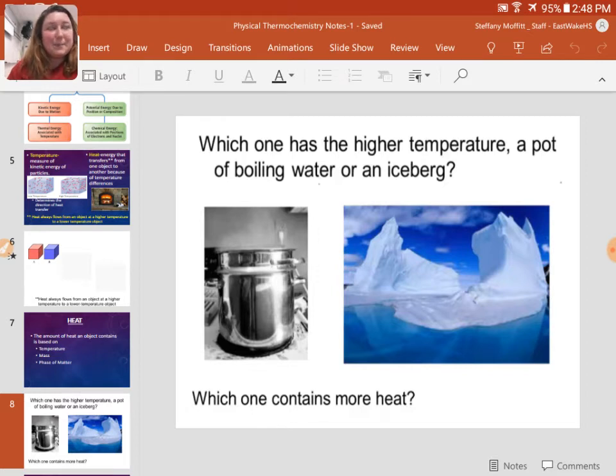Temperature is that average kinetic energy, so the pot of boiling water will have a higher average temperature, but that iceberg will have a lower average temperature. But which one contains more heat? Well, there's more particles in that iceberg than in the pot of boiling water, so the iceberg will actually contain more heat.